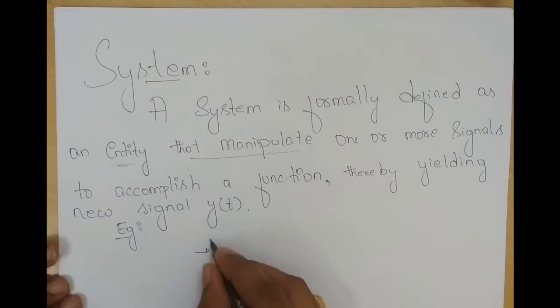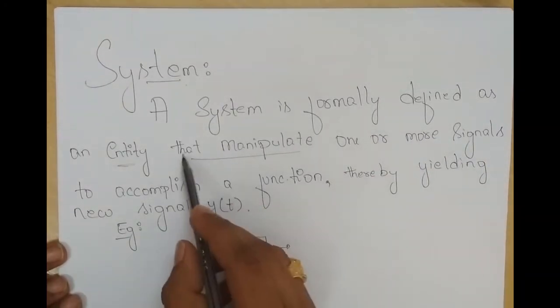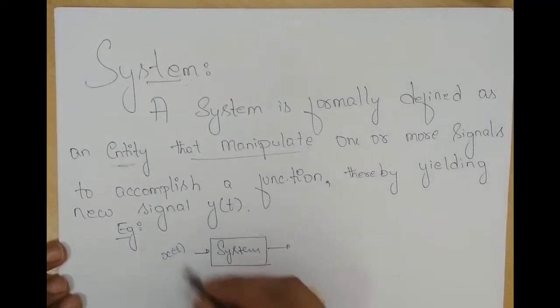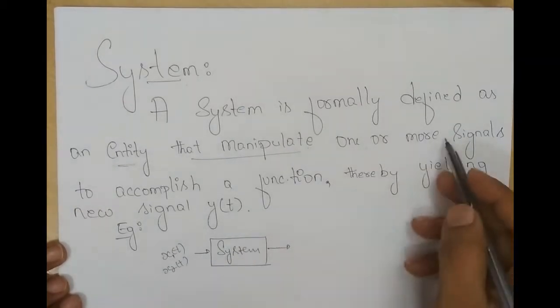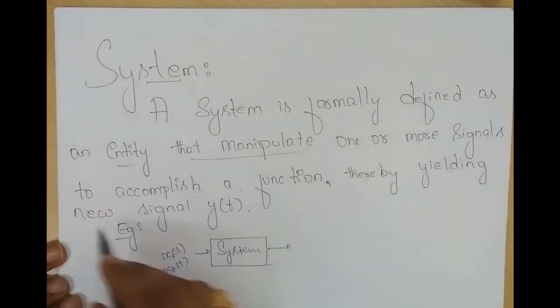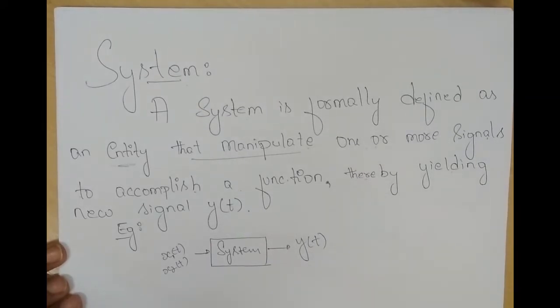So a system is an entity that manipulates one or more signals. I'll call it one signal, which is x of t. If it is more than one signal, I can call them x1 of t and x2 of t, which the system manipulates to accomplish a function, thereby yielding a new signal y of t as the output of the system.